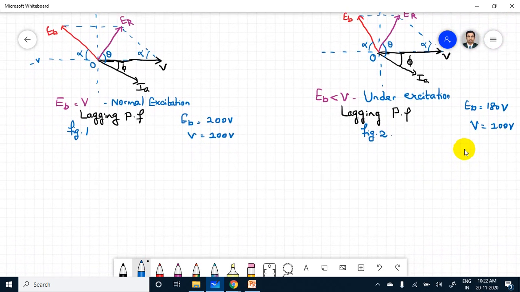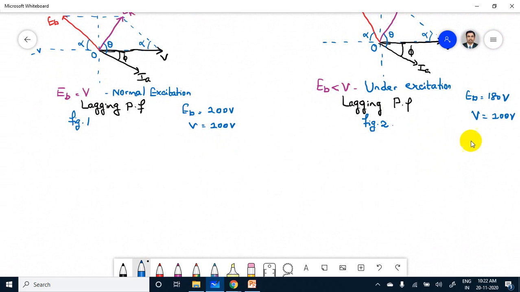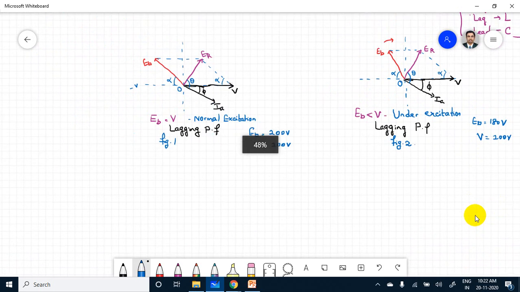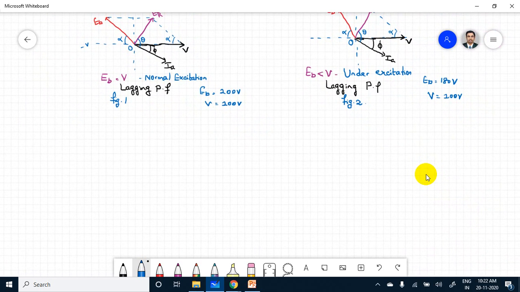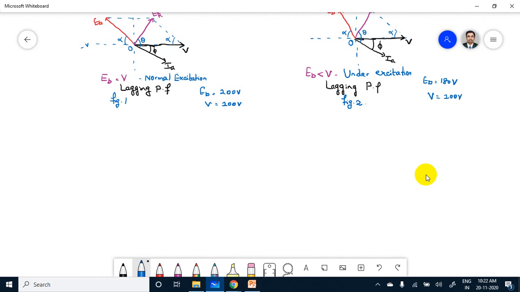Now the third diagram. The third condition will be EB is greater than V, which is over excitation.